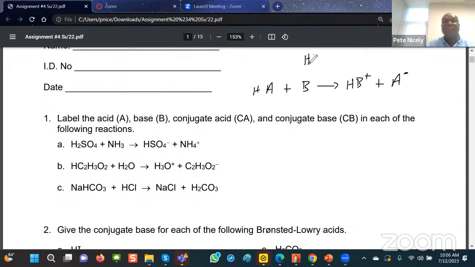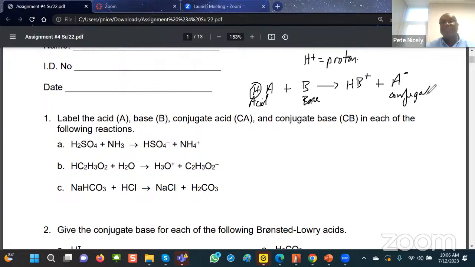Remember, the hydrogen ion is the same thing as a proton, all right? So in this particular hypothetical example, this is your acid, and this is your base, all right? So when it comes to this side here, the species that results from losing a hydrogen ion from the acid, that is called the conjugate base of the acid.